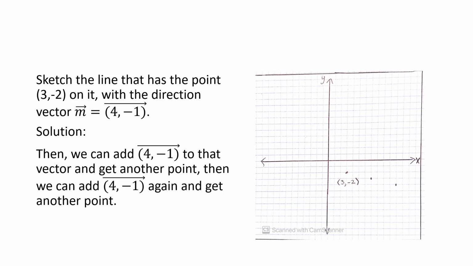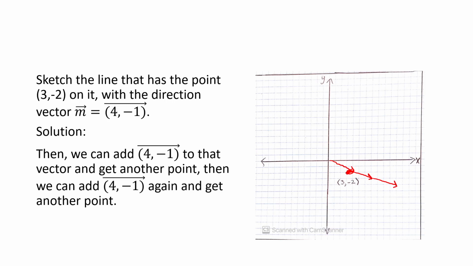What we then do, once we're on that line, we're going to then add 4, -1. So we've dealt with the position vector the way we were supposed to, got to the point. Then we're going to go 4 to the right and 1 down, and it'll put us here. And then we'll do it again, 4 to the right and 1 down, and it'll put us in position there.